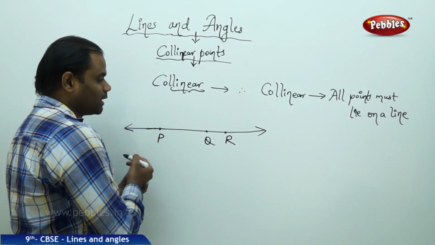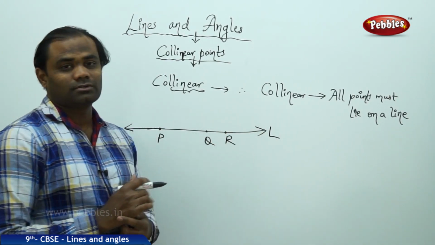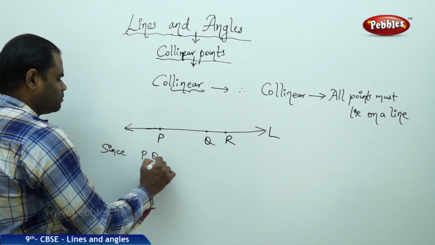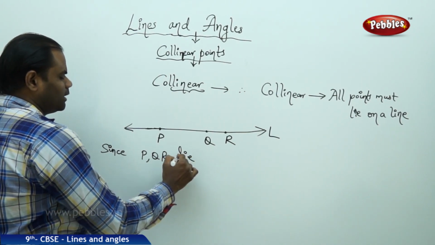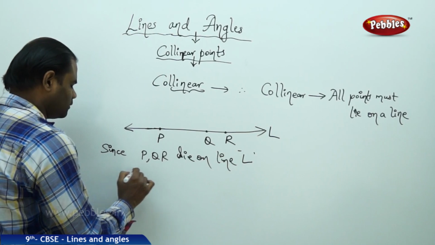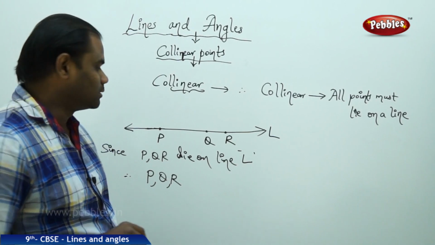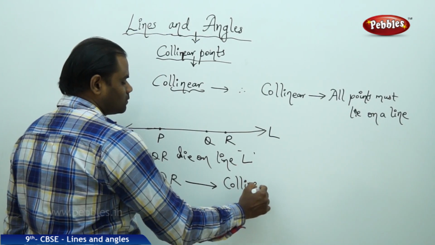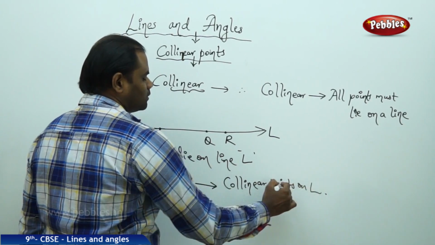Clearly I have the point P on the line L, and I have point Q which is on the line L, and the point R which is on line L. So since PQR lie on line L, therefore they are linear to each other. Therefore PQR are called collinear points on L.